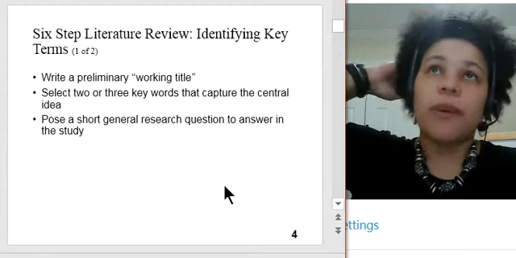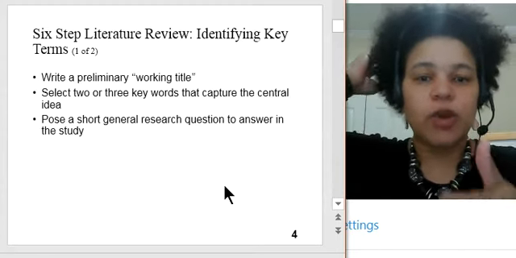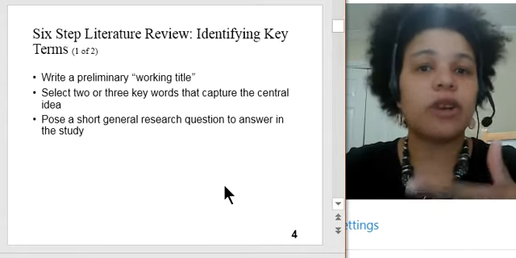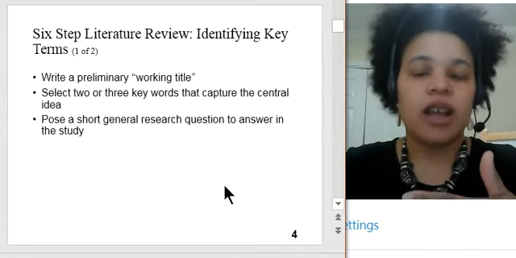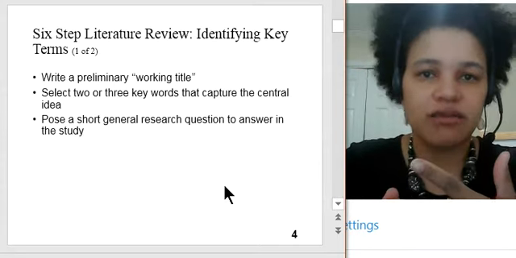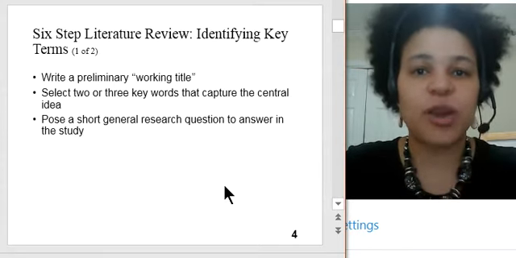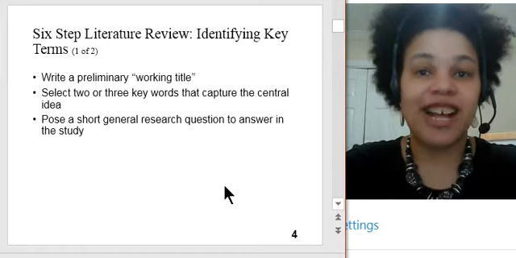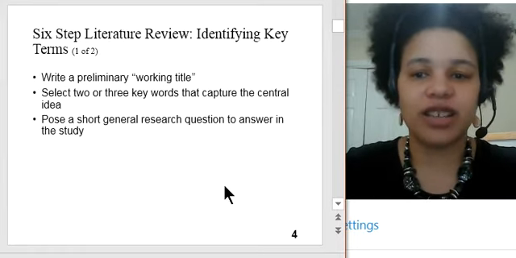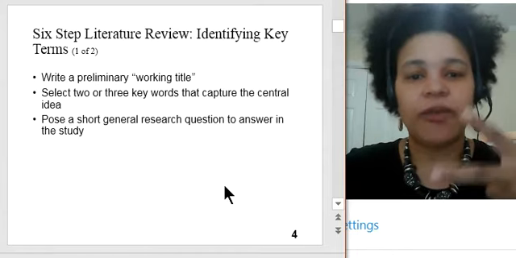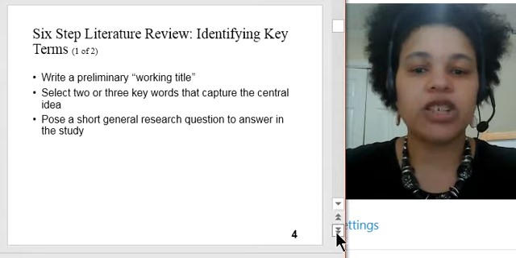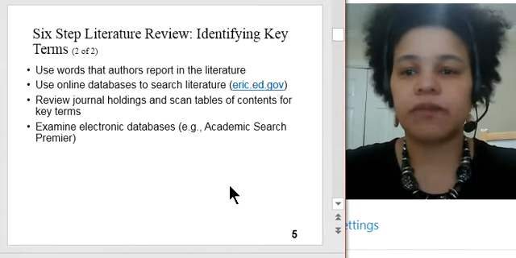So mentoring, I'm mentoring, so that would be one of my key terms. I'm mentoring someone who's uncertified or emergency certified. Okay, so that would be another part. And I'm looking for strategies. Strategies for mentoring someone who is uncertified, okay, or emergency certified, who doesn't have a lot of training in education. So you see, I have 3 ideas there, 3 key terms that I would be searching for.